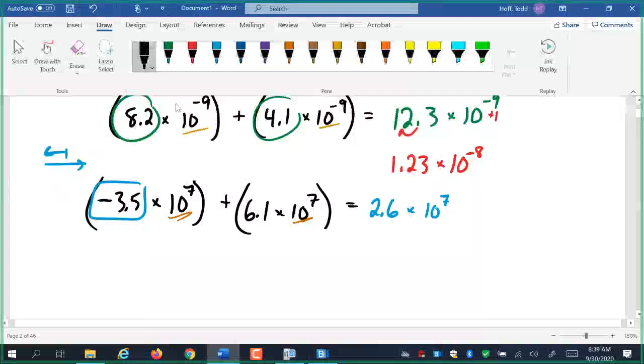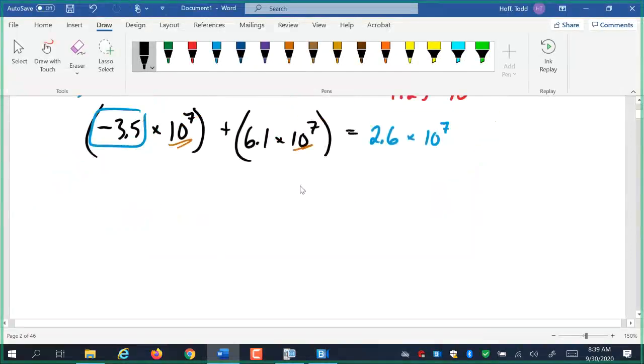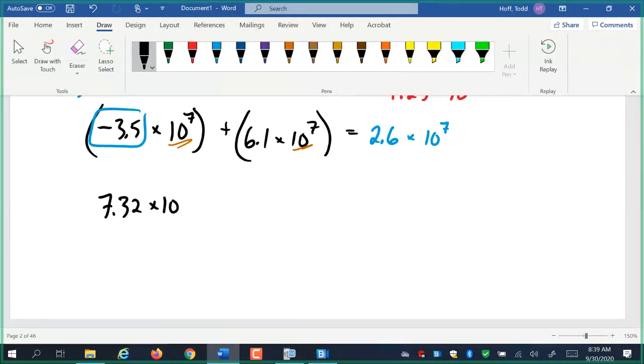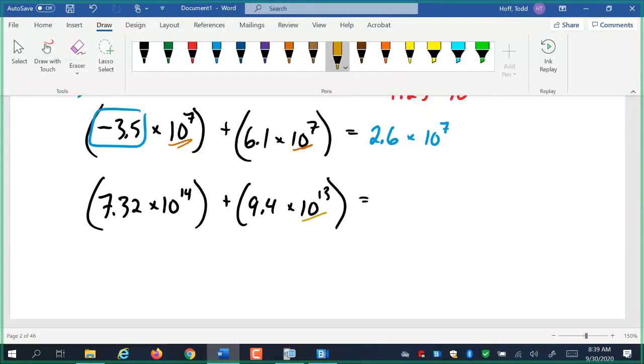What if they don't have the same power of 10? What if I have something like 7.32 times 10 to the 14th plus 9.4 times 10 to the 13th? They have different powers of 10.